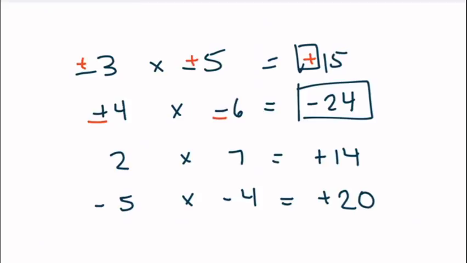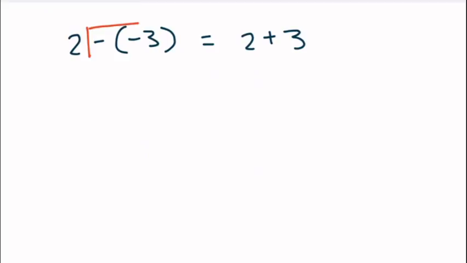And this concept explains why the addition from earlier was how it is. So just to refresh our memory, the example that I gave was 2 minus negative 3. And I said that was equal to 2 plus 3. And that's because you're actually multiplying these two signs.